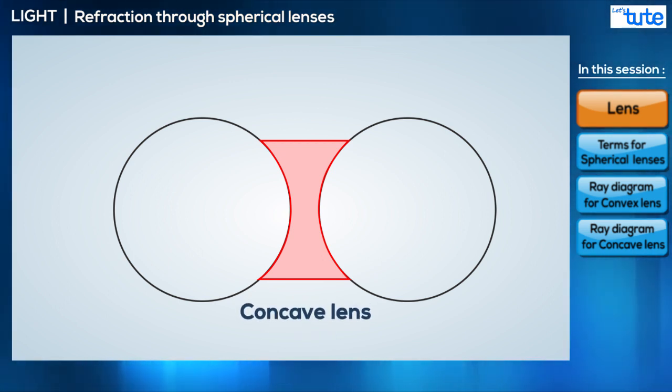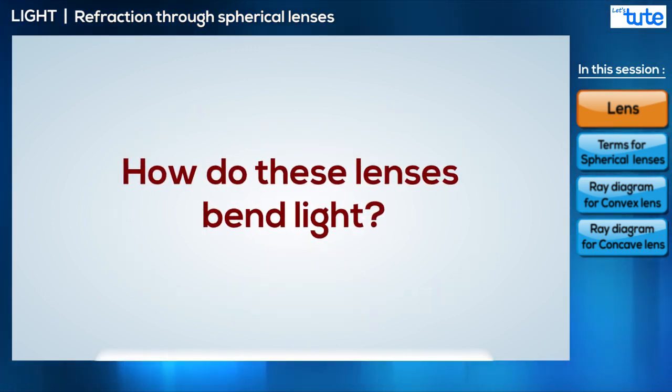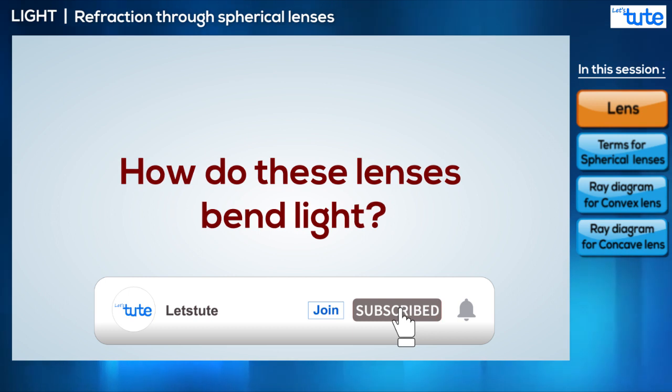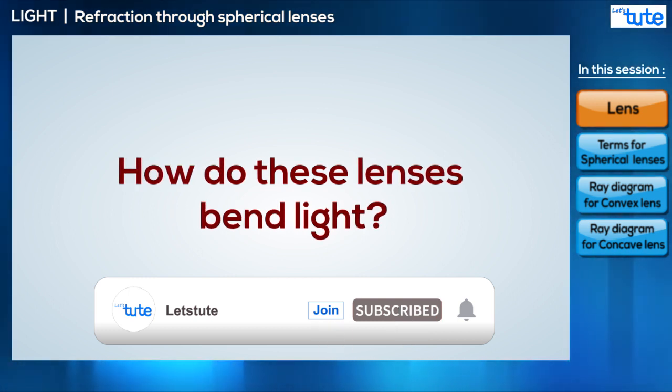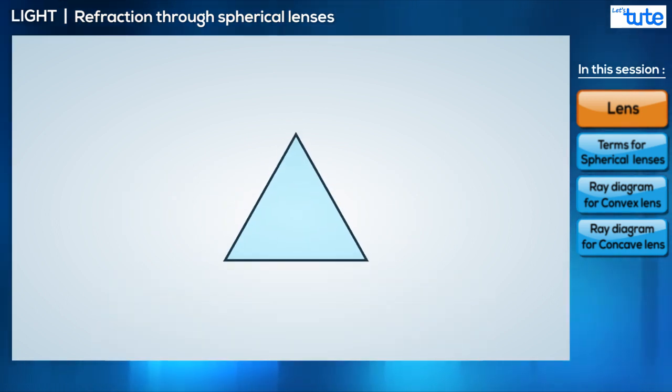Now that we know what the two lenses look like, let's look at the real reason we are here. How do these lenses bend the light? To do that, we will first look at refraction through easier shapes. Let's look at the basics of refraction through a prism-like shape.